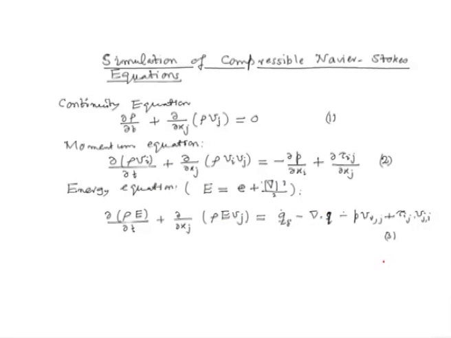Now these three equations are in terms of what we call variables: one variable is our density, the next variables are the 3 components of velocity, so 4, plus our total energy 5, and we have got pressure 6. So we have to supply a separate equation for pressure, an equation of state.